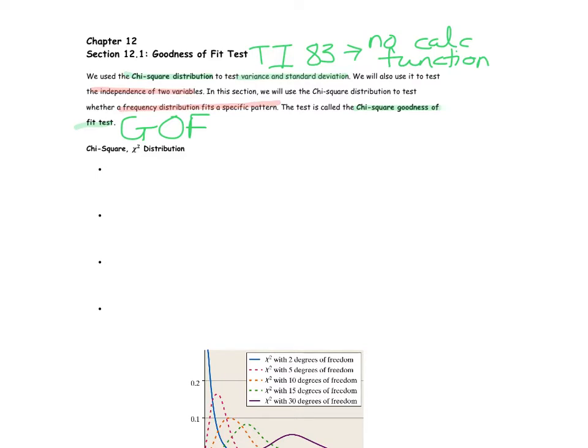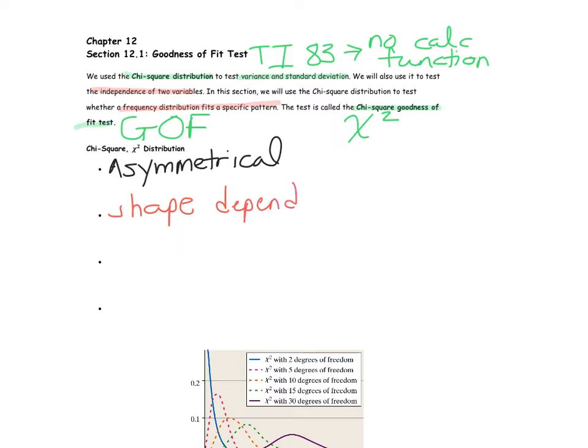Let's get to know our chi-squared distribution. Chi is like a fancy X, and then square, we just square it. Some things that are characteristic of this distribution: it's asymmetrical, so it's not symmetrical. Some other things is, again, we're going to be dependent upon degrees of freedom. So the shape depends on the degrees of freedom.